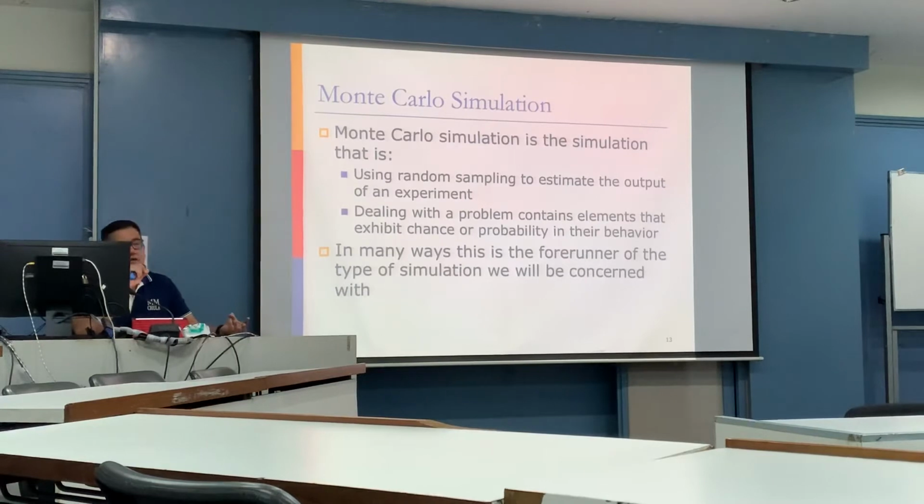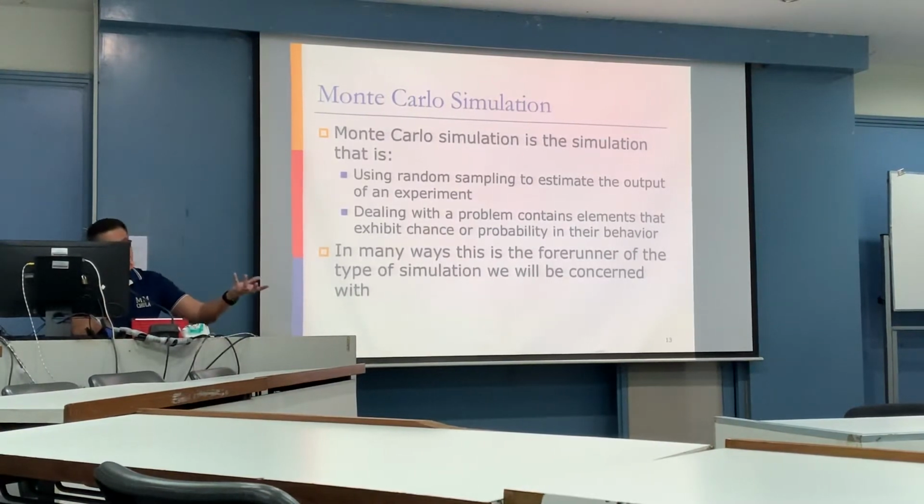Or if you don't have historical data, you need to have an estimated probability from an expert or from yourself, what percentage of that event is going to happen. Because random sampling means we use random numbers as a trigger, and we check them against the random interval of the variable, and then it generates the value.